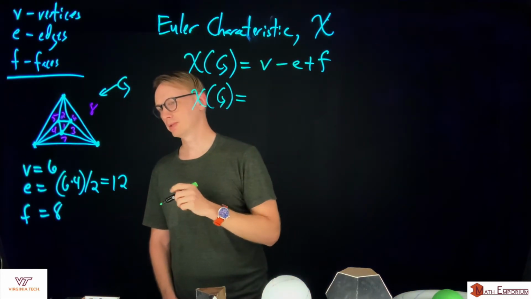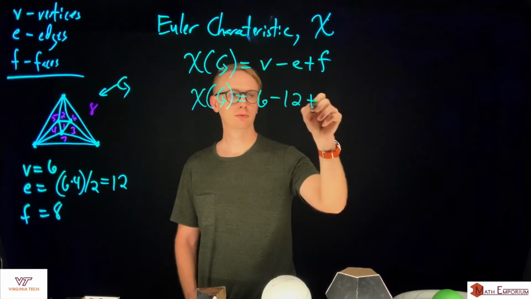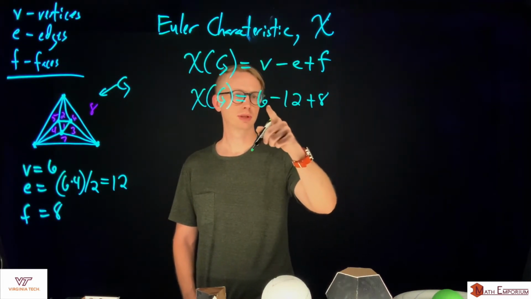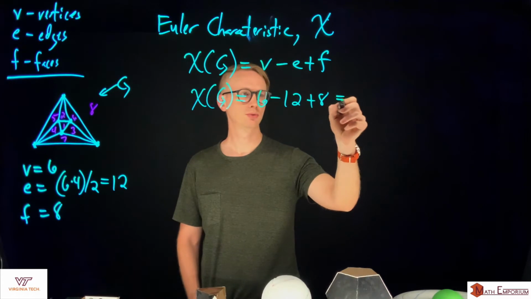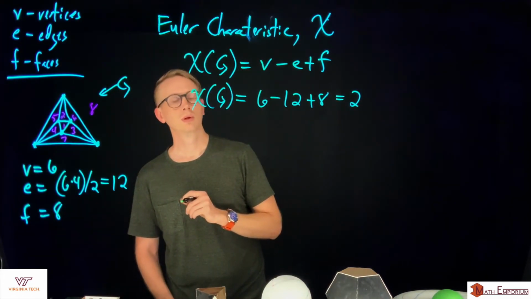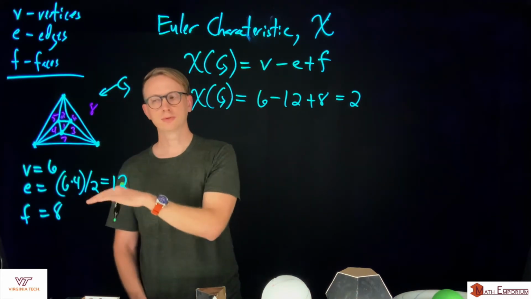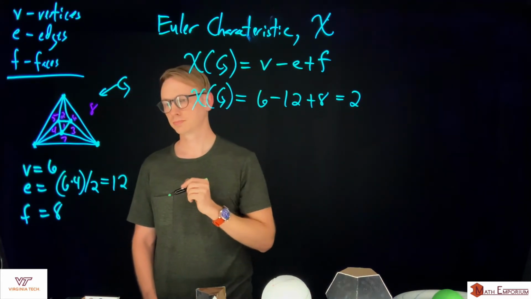So in this case, with our example, we get 6 minus 12 plus 8. So minus 6 plus 8 is 2. So the Euler characteristic of this graph drawn on a sphere is 2.